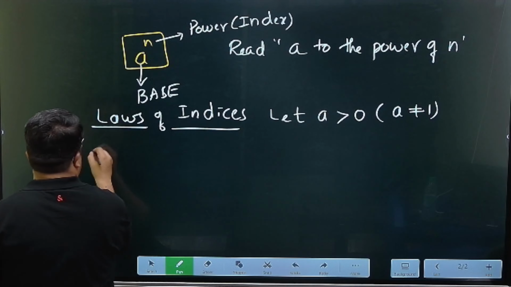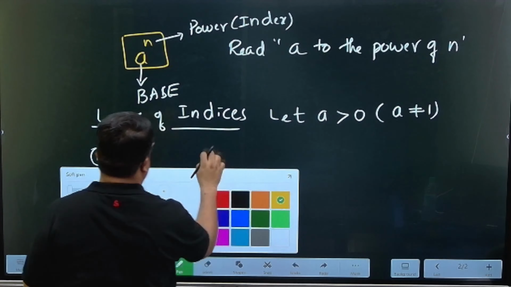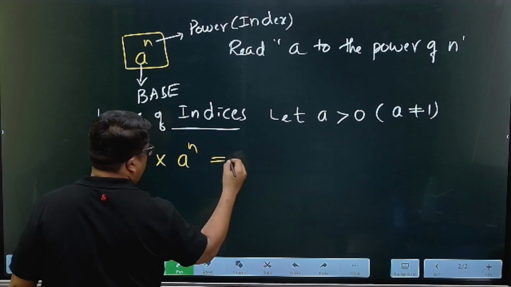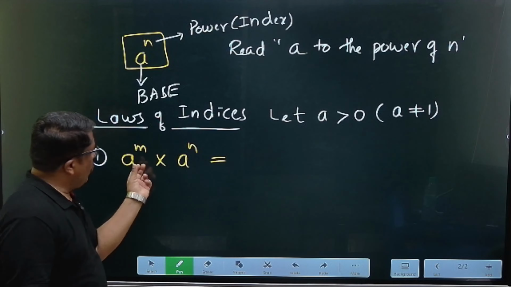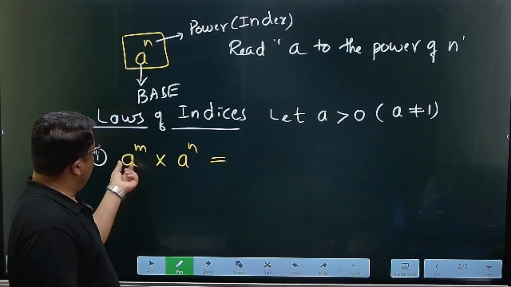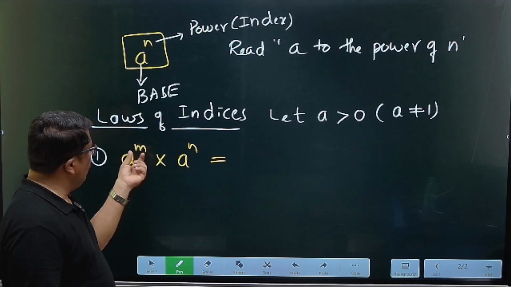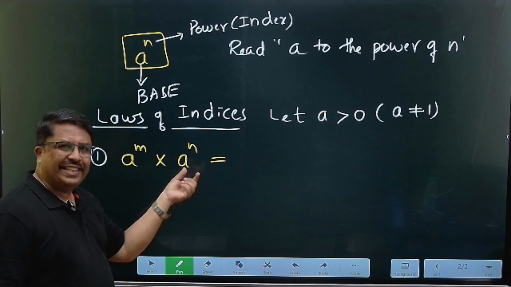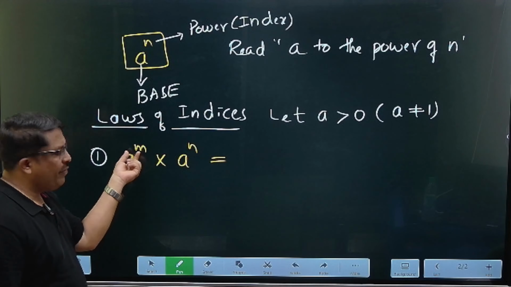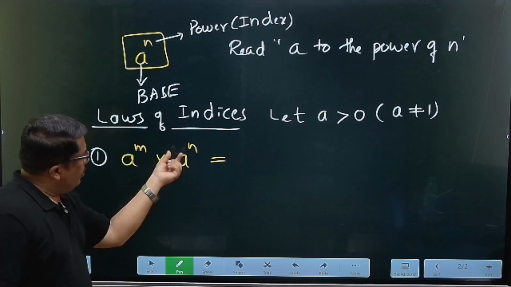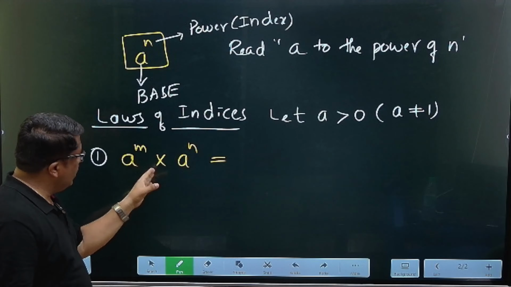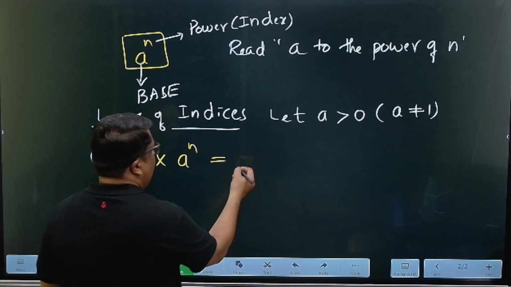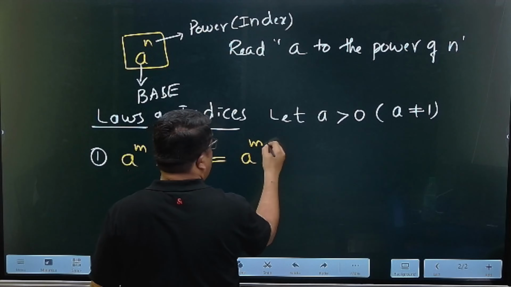Then the first law is a to the power of m into a to the power of n, a product of two factors. The first term has index m, the second term has index n. You can see that the bases are same. When the bases are same, add the indices.